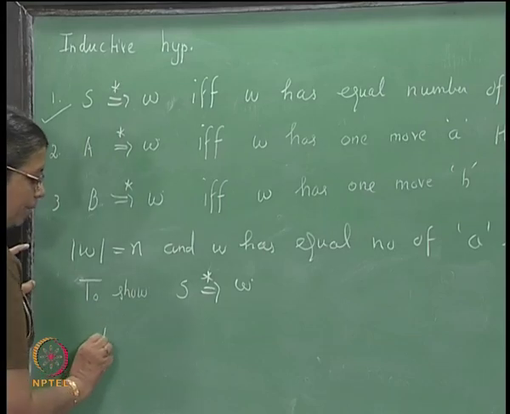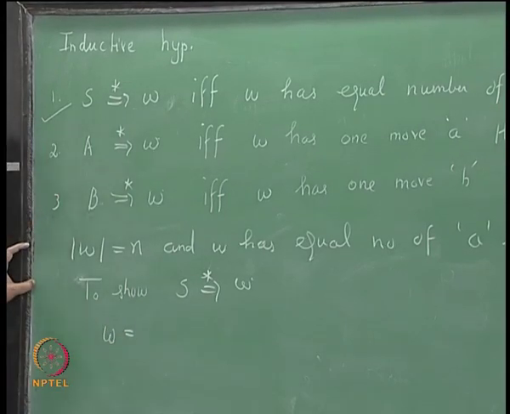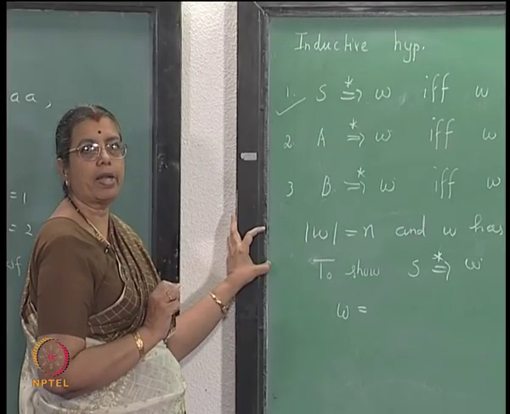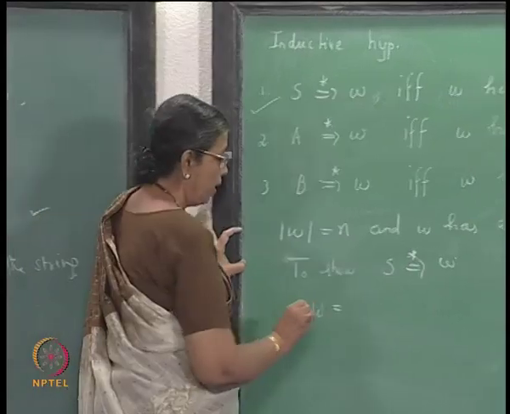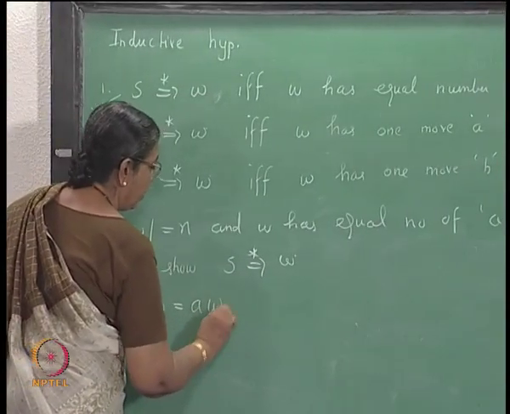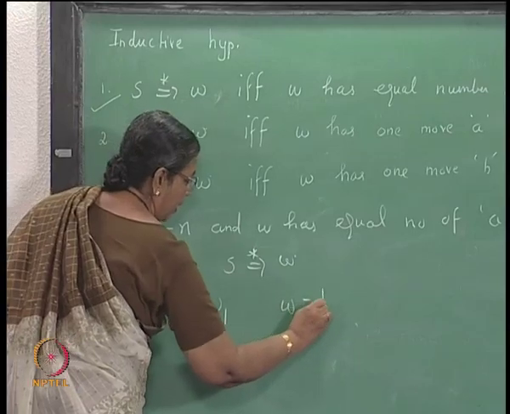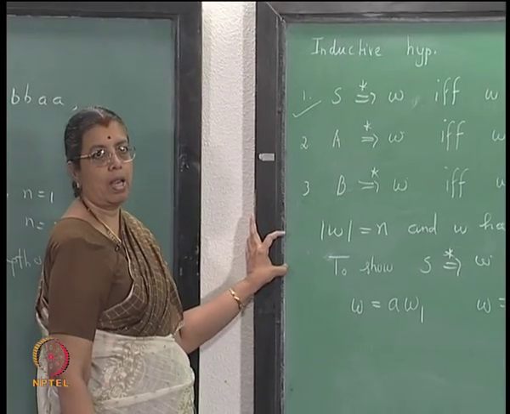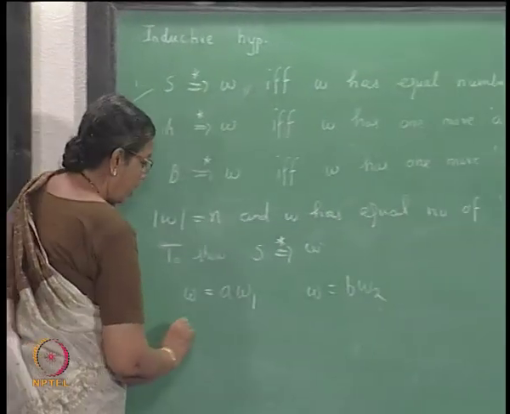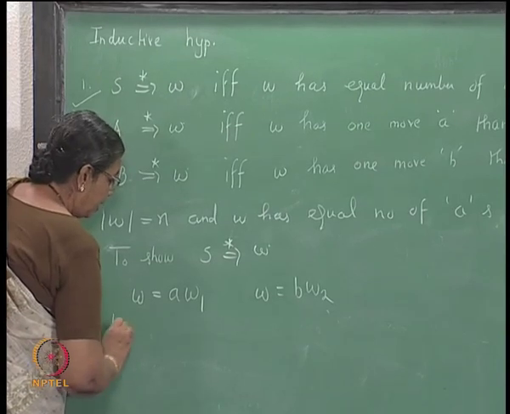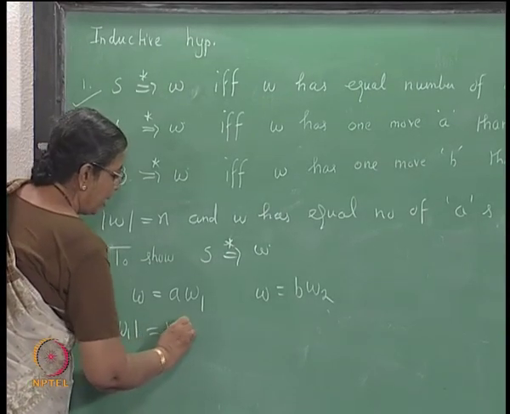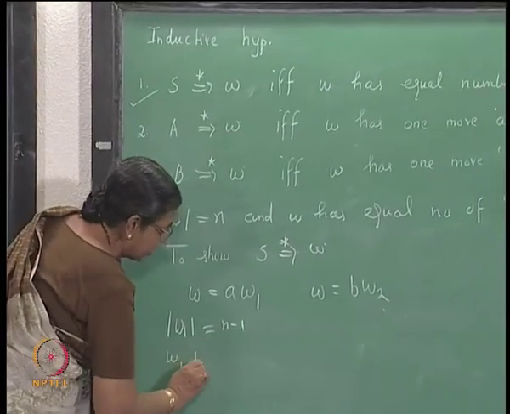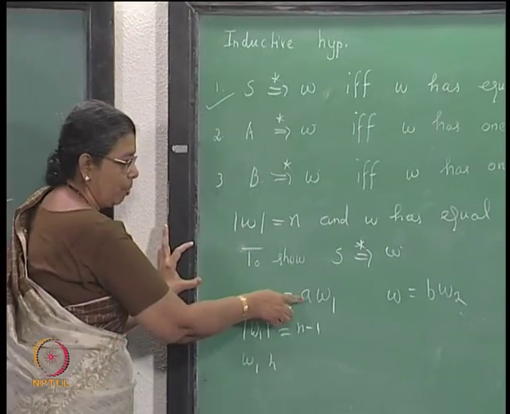Now, there are two possibilities. W is a string of A's and B's. The first symbol can be an A or the first symbol can be a B. So, it is possible that W is AW1 or you can write W as BW2. And what can you say about W1? Length of W1 will be n minus 1, and W has equal number of A's and B's, one A is taken out.